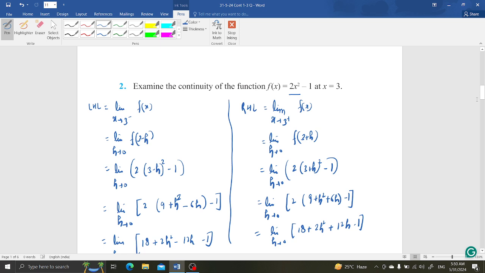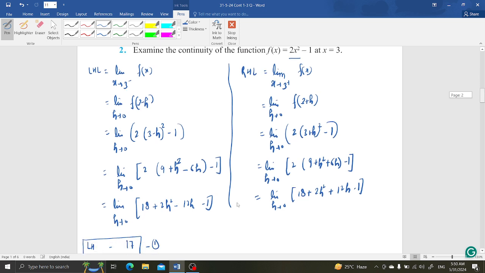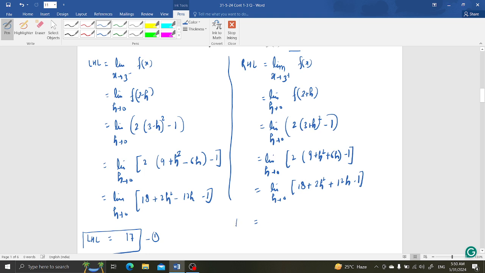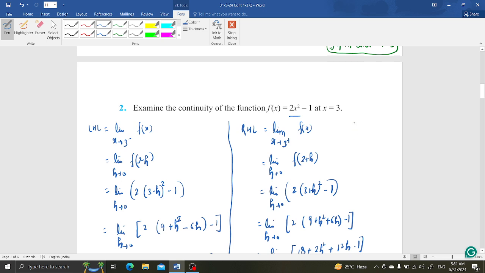If we evaluate this limit directly, what we get for RHL is again 17. This is our second equation.